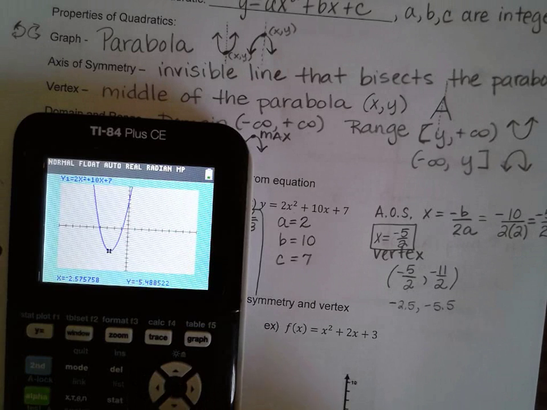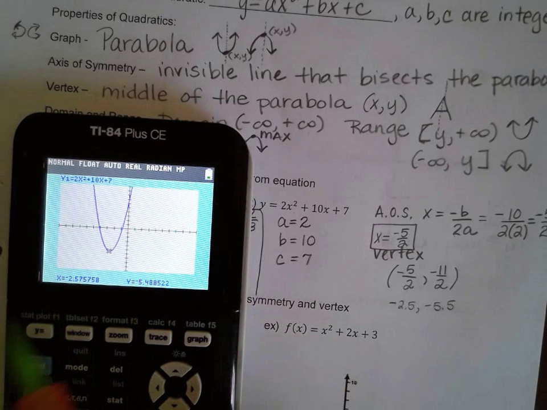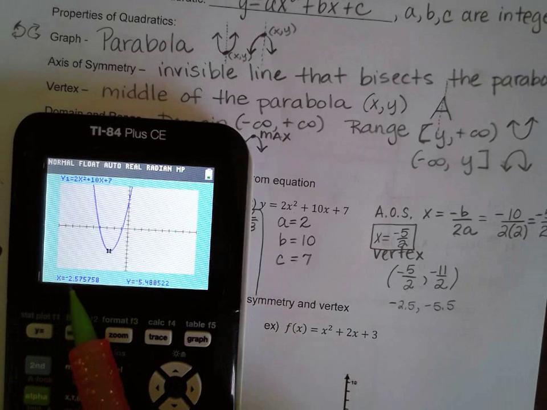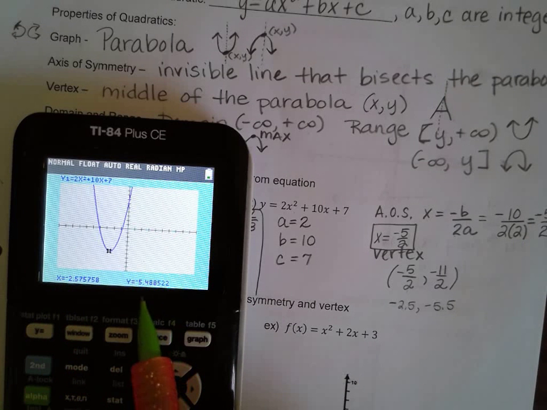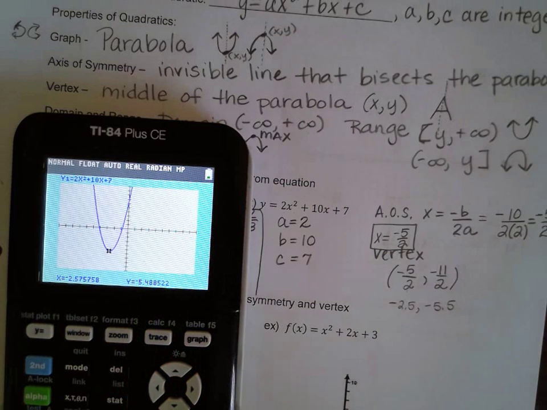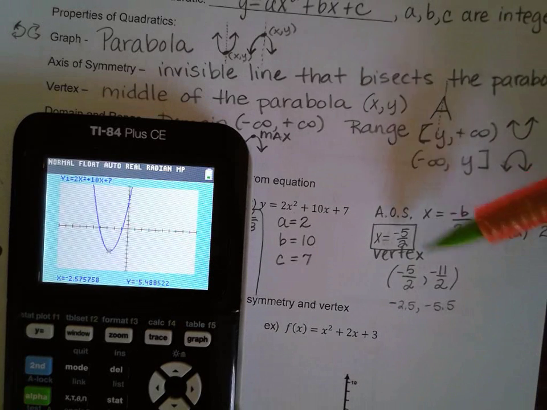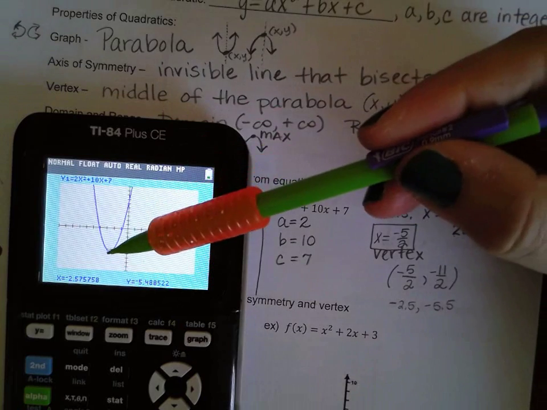Does everybody see that it's about, and this is an estimate, definitely, it's about negative 2.5, negative 2.6 if we round up, and then over here it's negative 5.49, or if we rounded, negative 5.5. So we can see that we did a good job on finding our axis of symmetry and our vertex by hand, and we can also see where these answers are coming in on the graph.